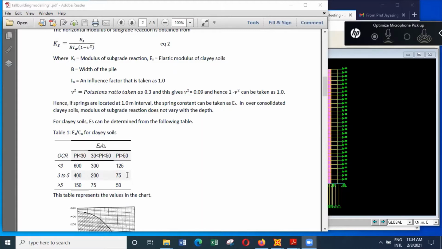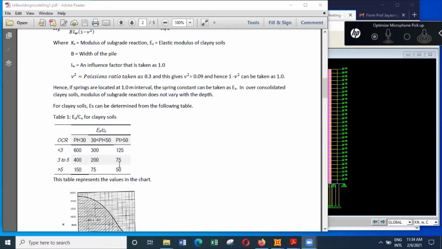So basically we'll use 75 for this particular soil. If you are using 75 for this ratio, then we know the Cu value as 22.5. So we can find the Es value as 22.5 multiplied by 75. You see these are very conservative values because we are using the minimum value for this ratio.